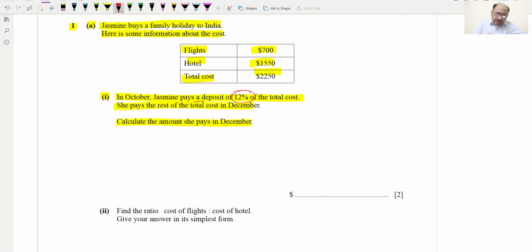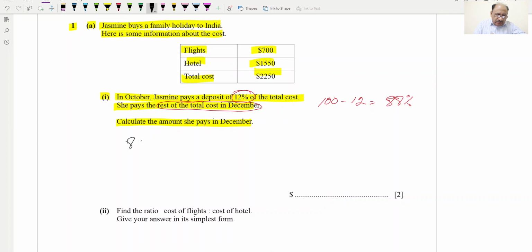So December is the rest of the total cost. So 100 minus 12, since 12% she has already paid. So it means she pays 88% in December.